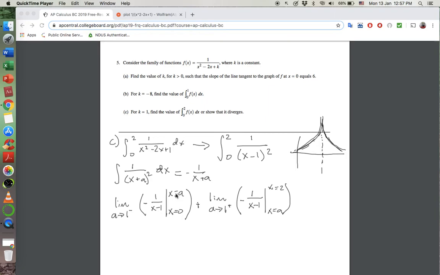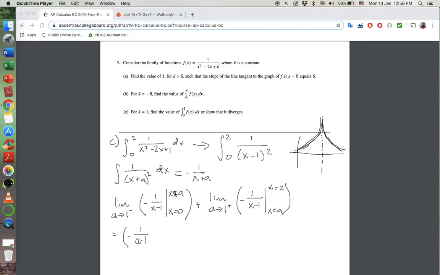So we'll just take x equals a and plug that in. We get here, and so this is equal to, if x equals a, negative 1 over a minus 1, we're just going to work this out just like we would a normal integral.